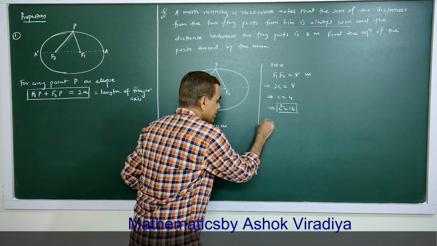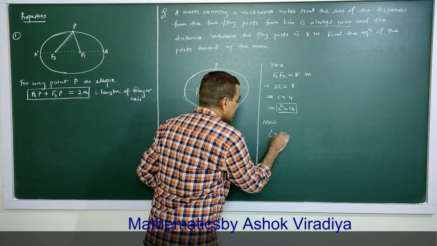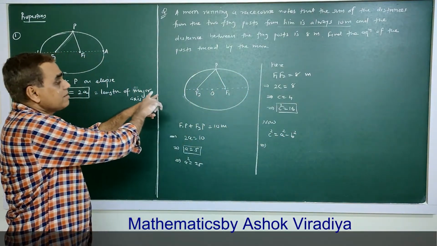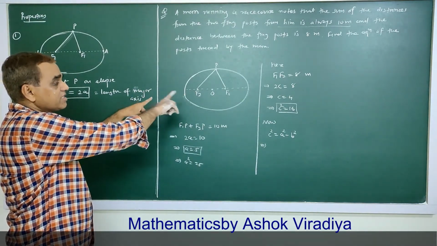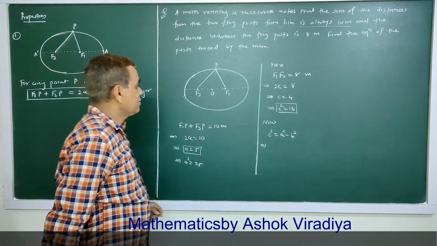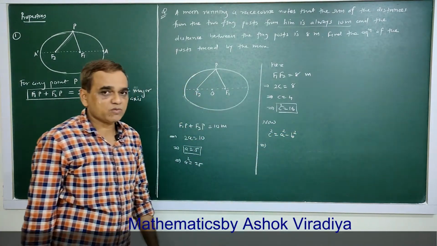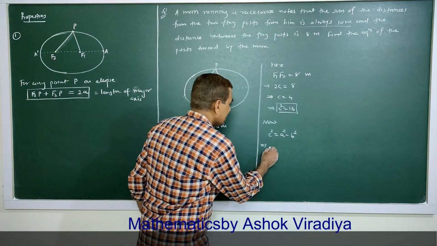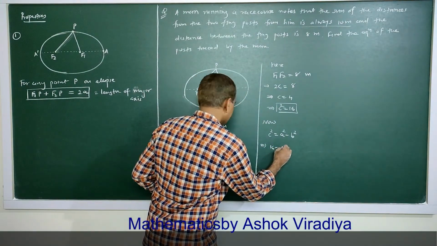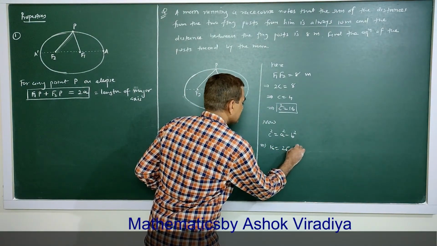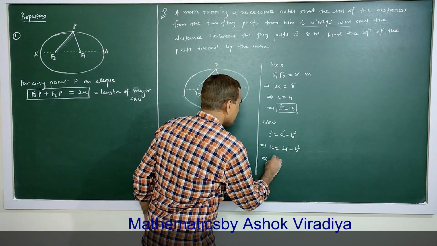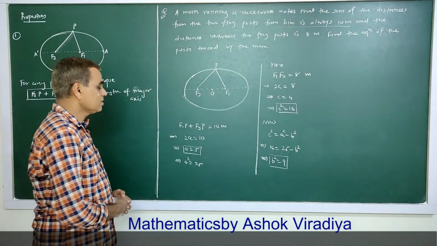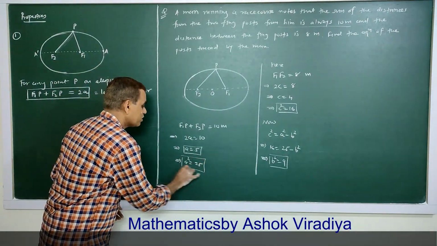Now the property of ellipse is that c square is a square minus b square, taking the major axis along the x axis. So c square is 16, a square is 25 minus b square, so b square is 9. A square is 25, b square is 9.